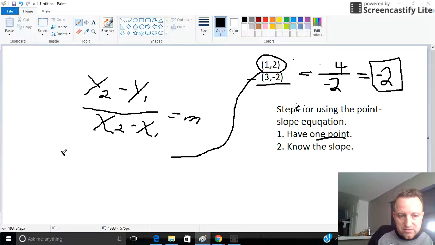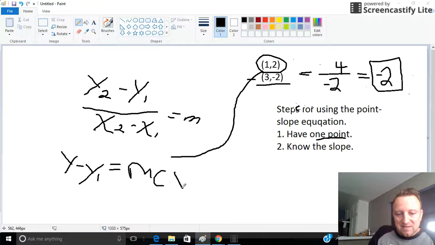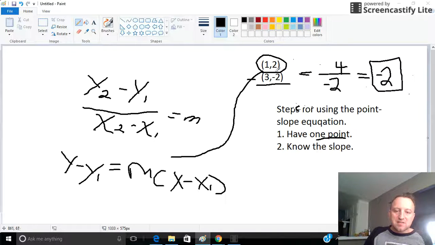So in order to do it, we use the point-slope form, y minus y1 equals m times the quantity of x minus x1. Okay, so we're going to substitute these numbers in and see what we get.